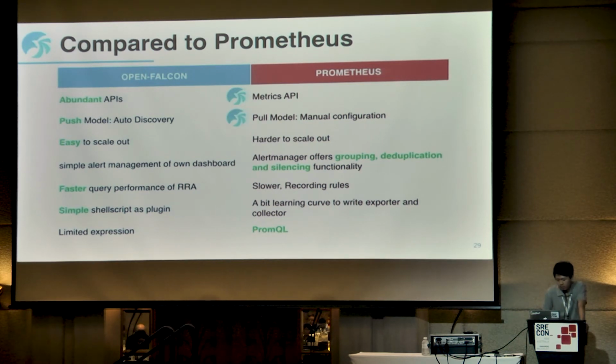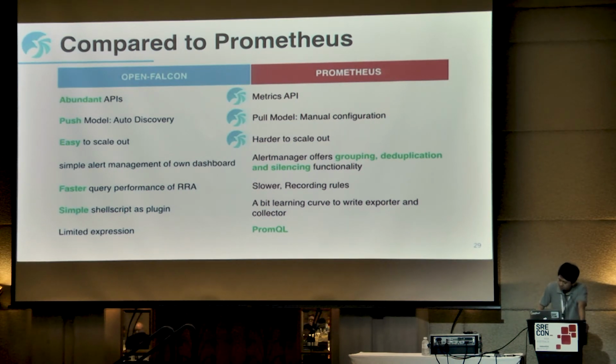Prometheus could only scale out by sharding, but in Open-Falcon, almost each module could easily be horizontally scaled out with little configuration. Open-Falcon API exposes all operations of the system. Based on that, you can develop your own dashboard.